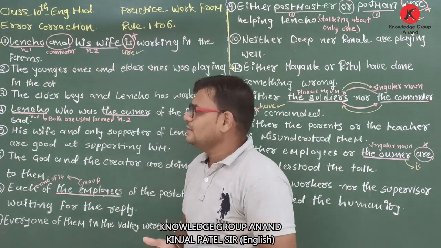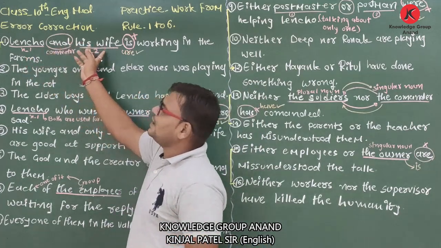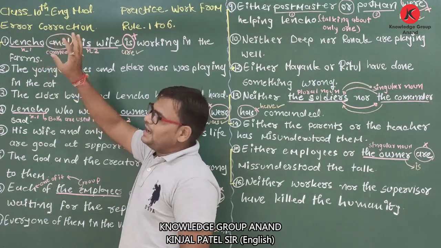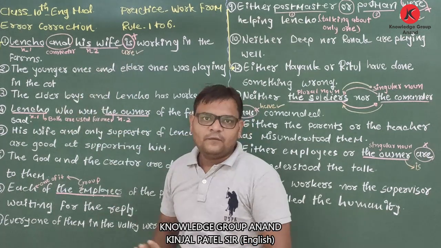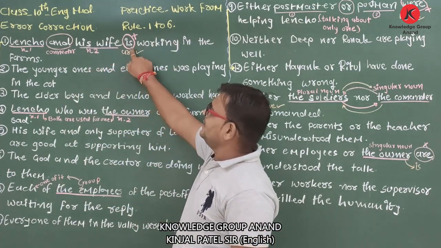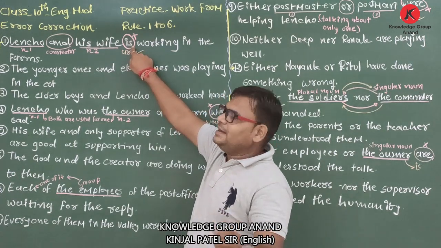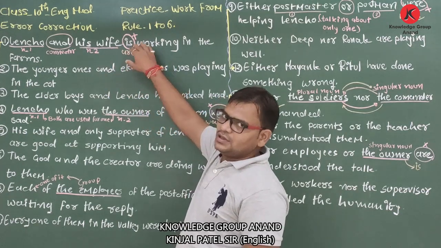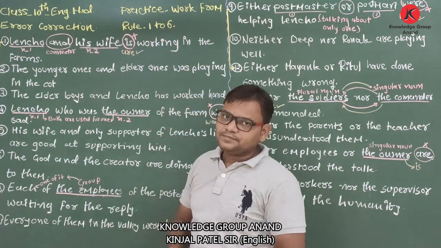The first rule says that when singular nouns are joined by and, the verb will be in plural form. But in this example, you find is as the verb over here, and it is a singular verb. So according to the first rule, the statement which I have written over here is wrong.